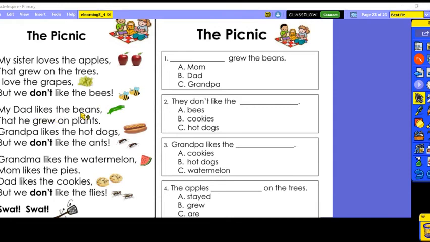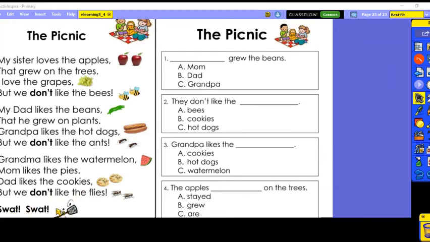My dad likes the beans that he grew on plants. Grandpa likes the hot dogs, but we don't like the ants. Grandma likes the watermelon. Mom likes the pies. Dad likes the cookies, but we don't like the flies.